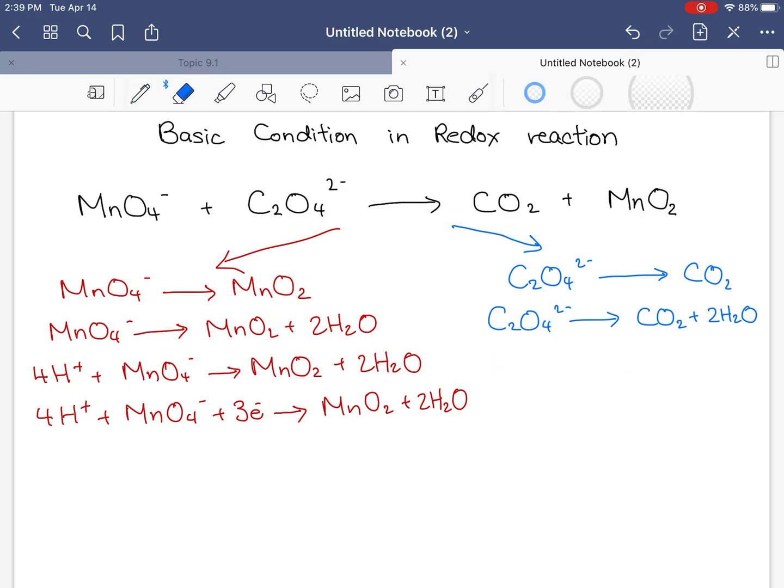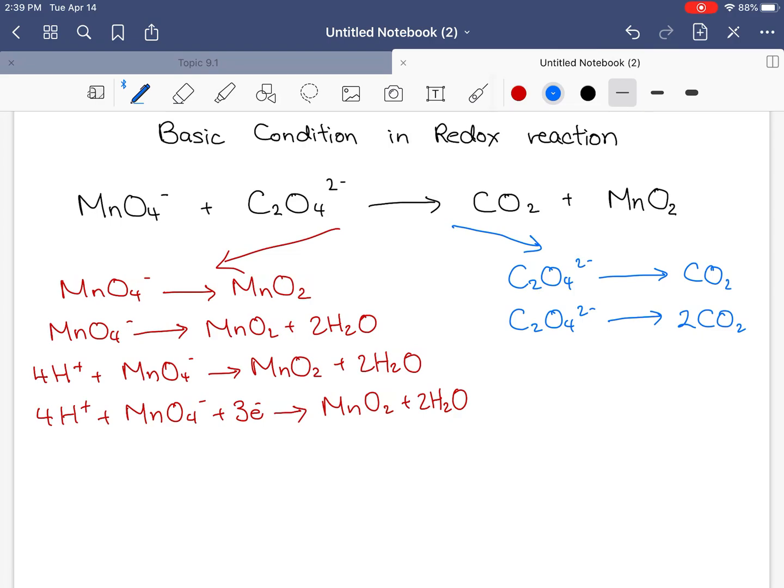Oh, wait. I think I made a mistake here. I'm sorry. I knew something was bad. There you go. You don't have to do any work. Let's put a 2 in front of carbon dioxide and you're good, because there's 4 oxygen.